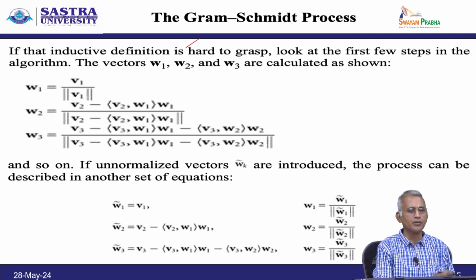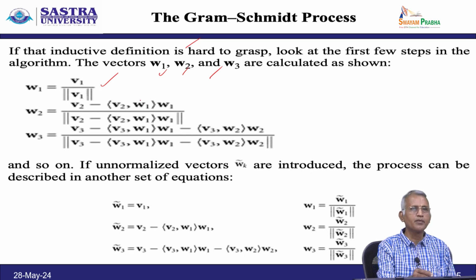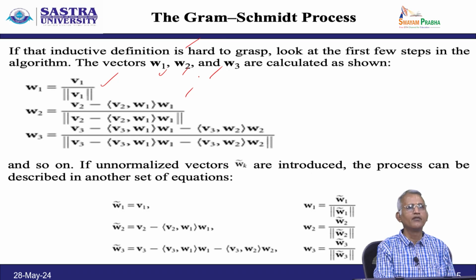The vectors W1, W2, W3 are calculated as shown. So, W1 equal to V1 by norm V1, first initially you assume it, then W2 equal to V2 minus inner product V2 W1 into W1, divided by the norm of V2 minus V2 comma W1 inner product into W1.